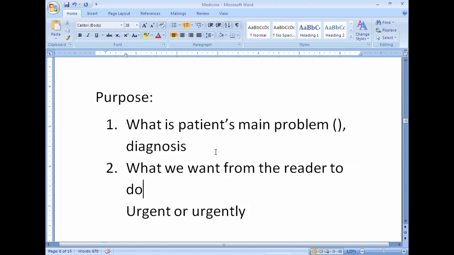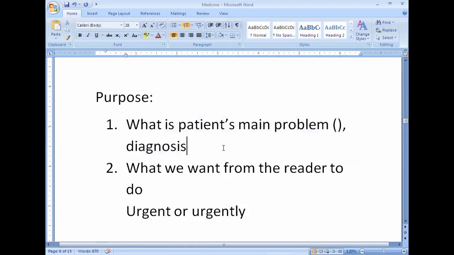So what is the main issue of this patient? Maybe the patient has pneumonia, TB, is a victim of domestic abuse, or is having an operation, hysterectomy, vasectomy, appendectomy, or acute appendicitis.